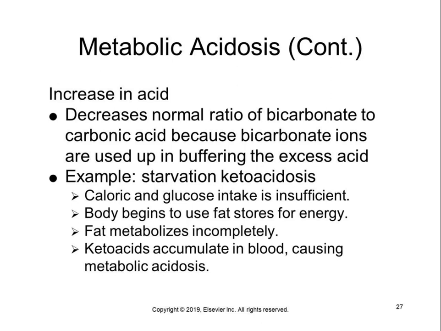Example, starvation ketoacidosis: caloric and glucose intake is insufficient, the body begins to use fat storage for energy, fat is metabolized incompletely, and keto acids accumulate in blood, causing metabolic acidosis.